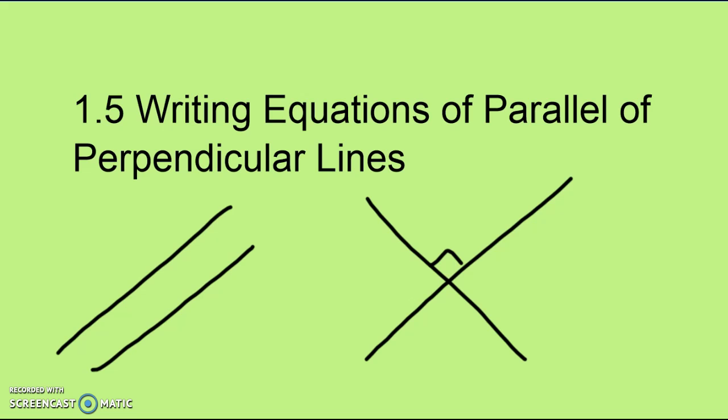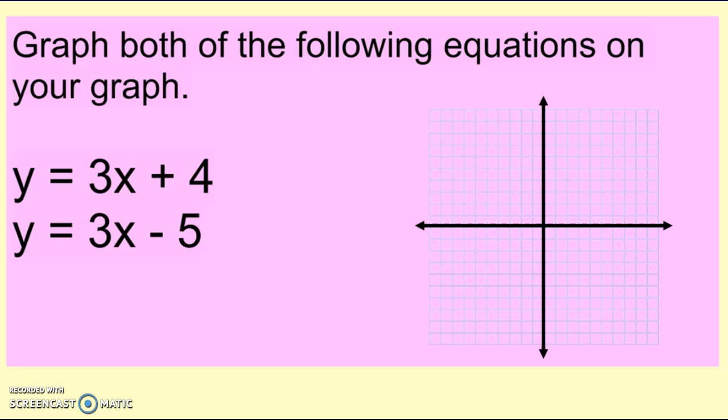So let's look at a couple of different things. Graph both of these on your calculator. Take a minute and pause and graph these on your calculator. Okay, so if you graphed it, the first one is 3x plus 4, so your y-intercept is 4, and your graph should be something like that.